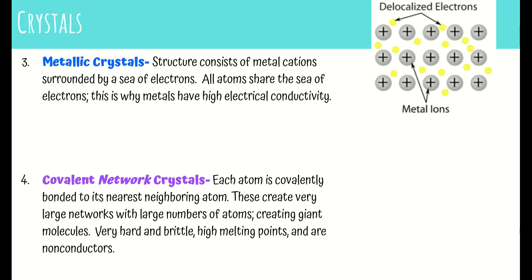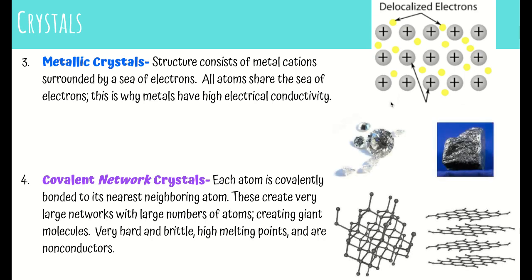So we called that a sea of electrons, if you remember. So we have the metal ions, and then their electrons have kind of floated off and they're just going all over the place. So again, these metallic crystals still have a regular repeating pattern because they have crystallized, but you can melt them. They're going to have a high electrical conductivity because of the electrons moving around so easily.